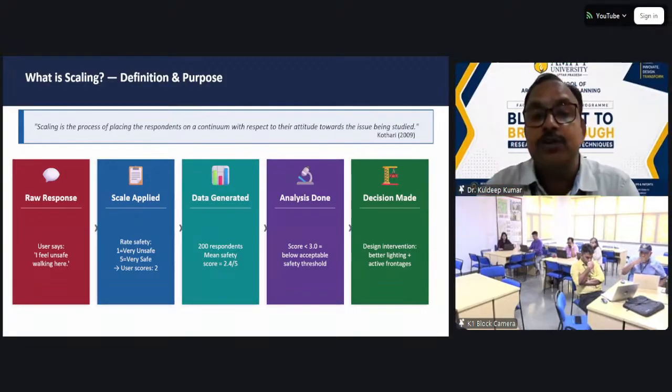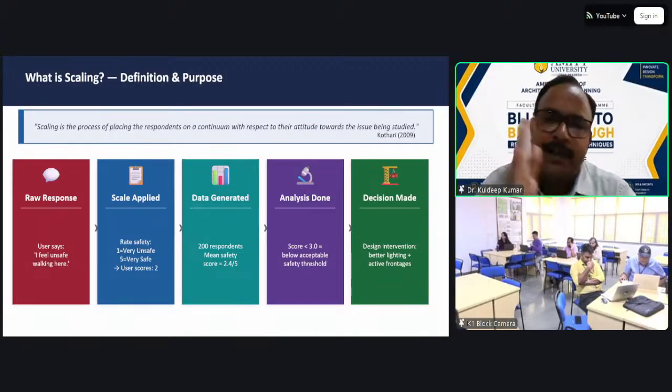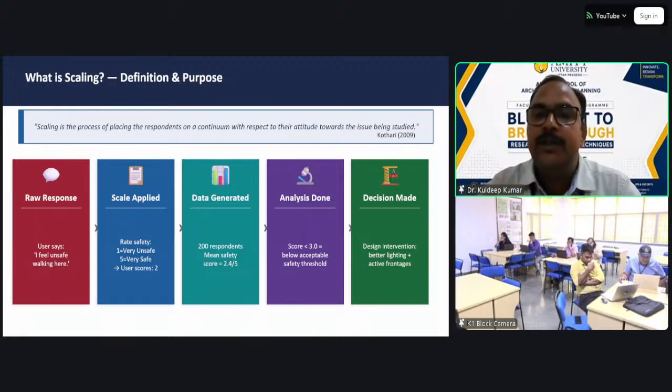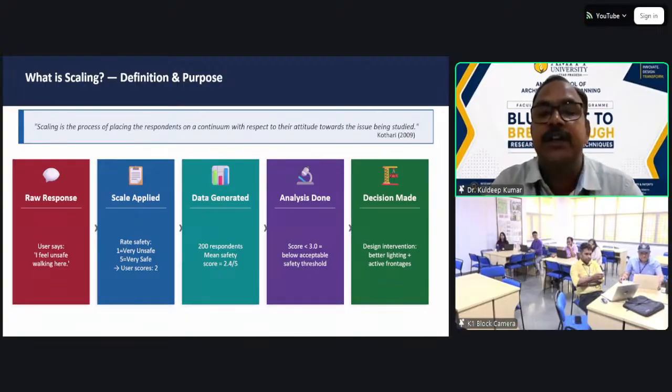Now data is also there. The next part is to analyze the data. Now we know from literature, maybe because the benchmark must have been done, we are assuming that a score below, say, 3.0 out of 5 is not acceptable. So now the analysis says that it is not safe. Step 5 is the decision, on whatever analysis we have done through the data generated.